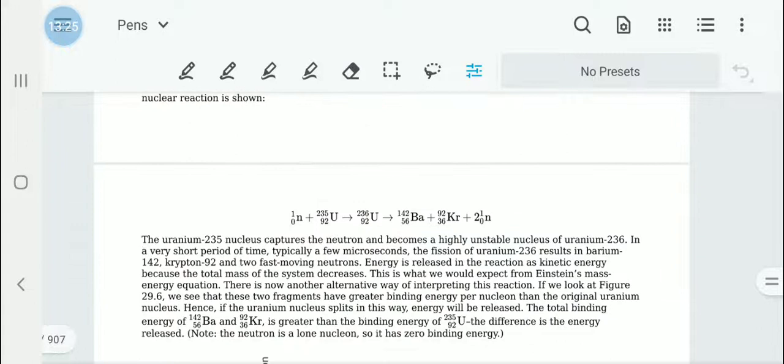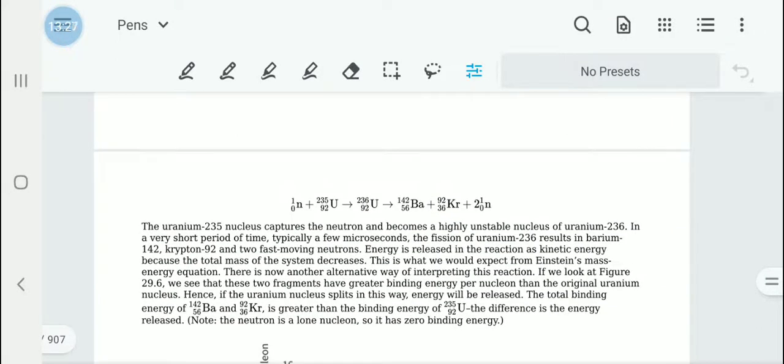So in this process, one neutron gets absorbed by U-235 and U-236 is produced. That turns into two products. U-235 captures this neutron and becomes a highly unstable uranium-236.